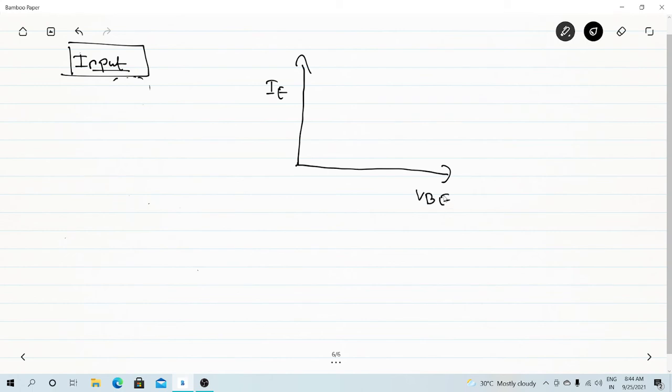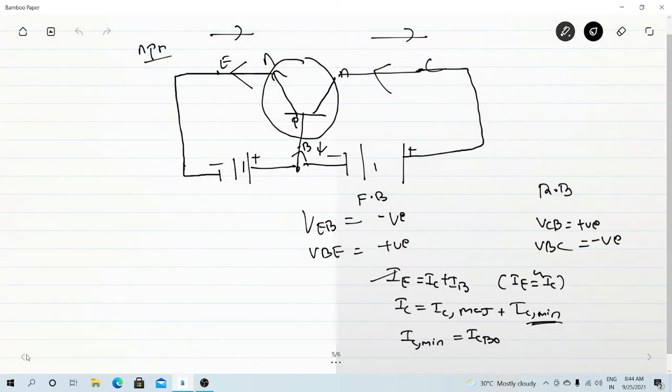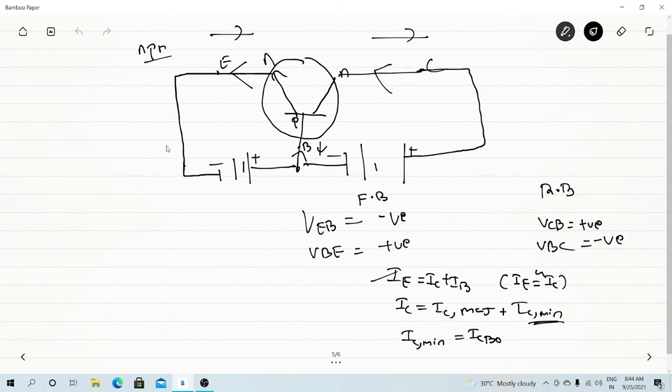And exactly as you saw in the case of the PN junction diode, for a particular VCB, if you are drawing the graph, this is VEB.